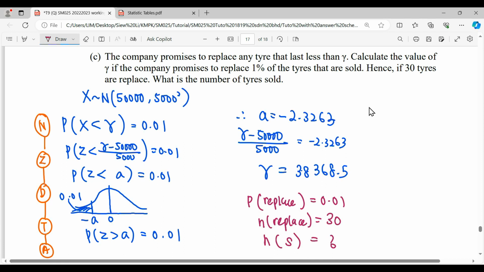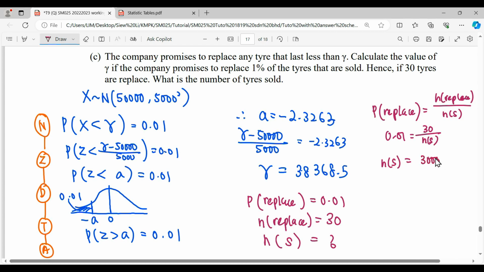Using the basic probability, the probability of the event replaced equals the number replaced over the sample space. So 0.01 equals 30 over the sample space, so the total number of tyres sold is 3,000.